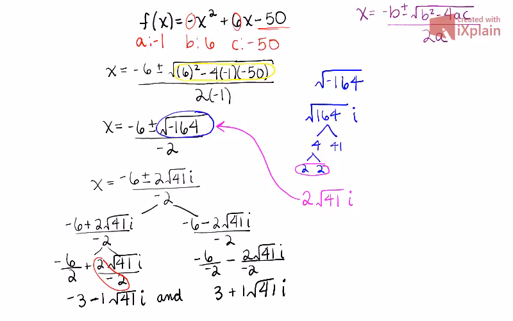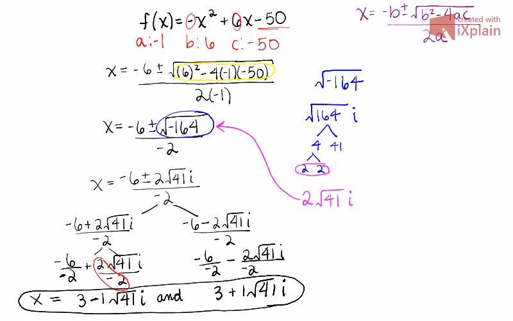There's a mistake over here. There should have been a negative. So negative divided by negative is positive. So your two answers will be x equals 3 minus root 41 i and 3 plus root 41 i. Those are two imaginary solutions. So if you were to graph this on your calculator, you would see that your parabola would never actually cross the x-axis.